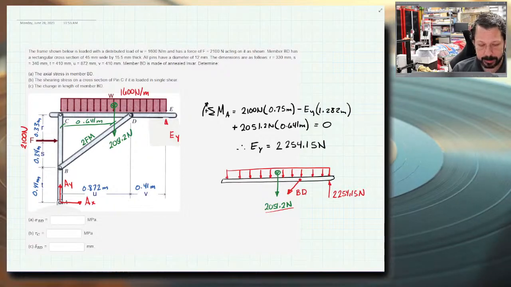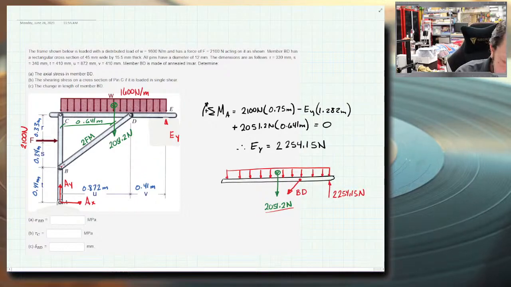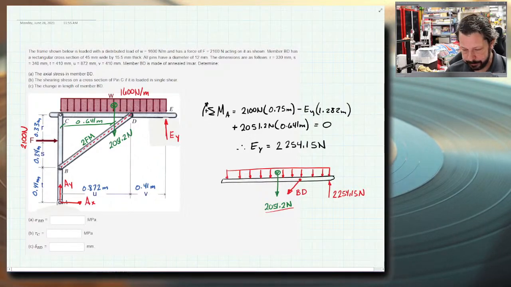If I did not know that member BD was a two-force member, I could draw this free body diagram, but I'd have to draw dx and dy there because I don't know the direction of the resultant of them. But since it is a two-force member, I know that the direction of the resultant is on the line between point B and D. So on that line, I know that is the line of action.